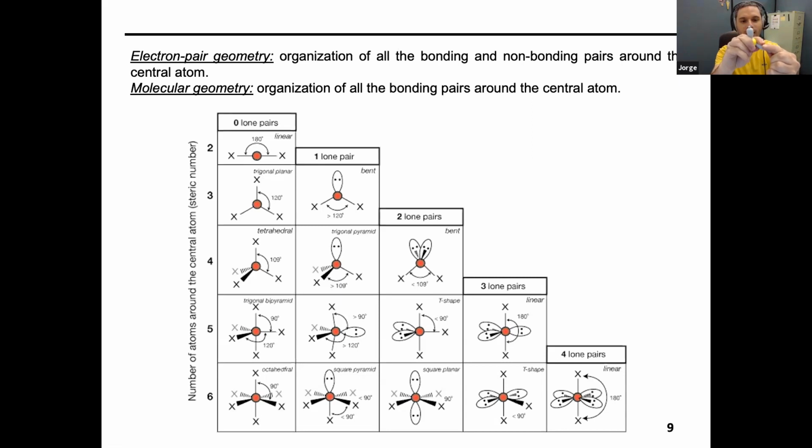We have 3 atoms of oxygen around the nitrogen, and the 3 atoms are going to fill up the available positions. Therefore, in this case, the electron pair geometry is going to be the same as the molecular geometry, which is trigonal planar.